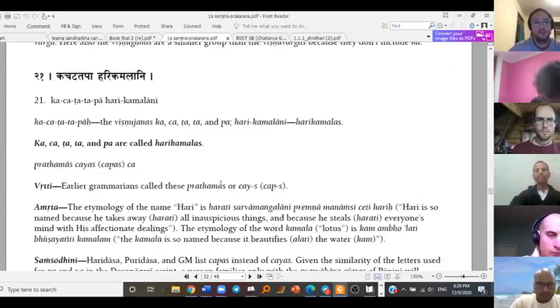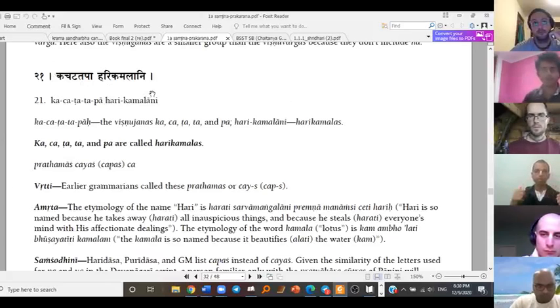Yeah, this is interesting. If I do this sutra, Sutra 21, then I'll have to do 6 sutras together because they are in a group. So we move ahead.